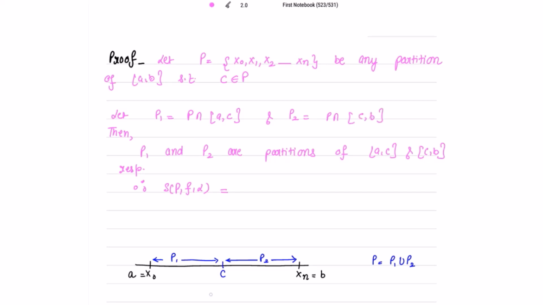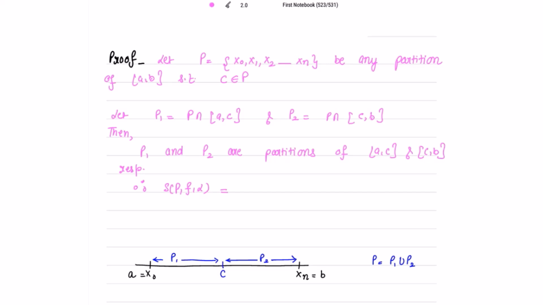If you look at this figure, this is your closed interval a to b and this is your point c. So from x0 to c is my P1 and from c to xn is P2. So P1 and P2 are the partitions of the closed intervals [a, c] and [c, b] respectively, where P is of course the union of P1 and P2.